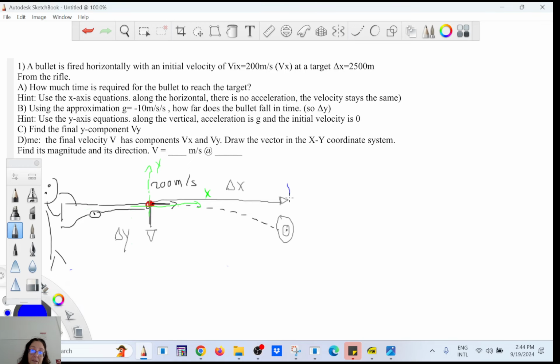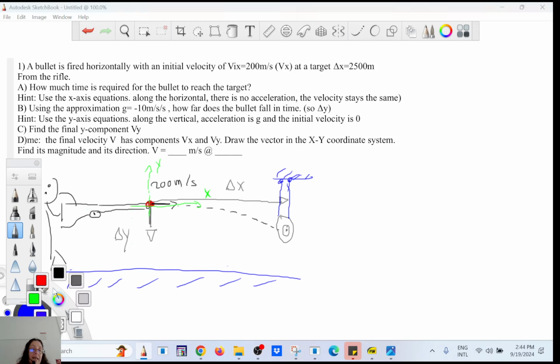It's like a suspended target. Okay, that's better. So delta y and delta x. So don't wait for me, okay? So just apply the same methodology.